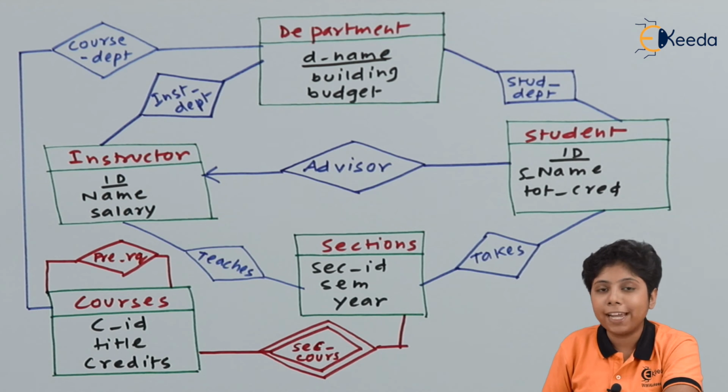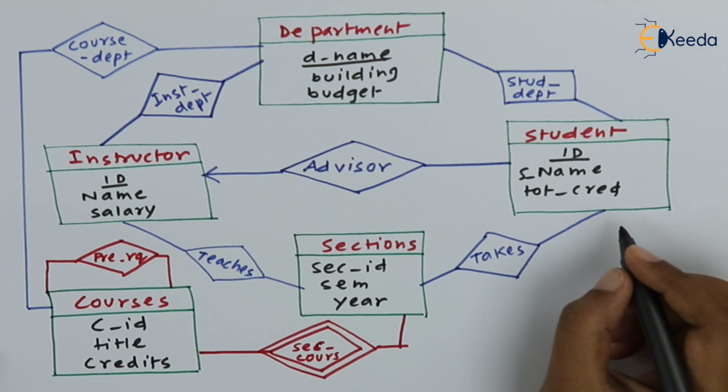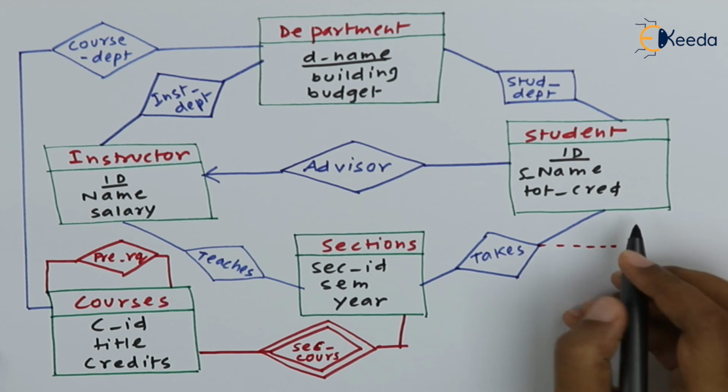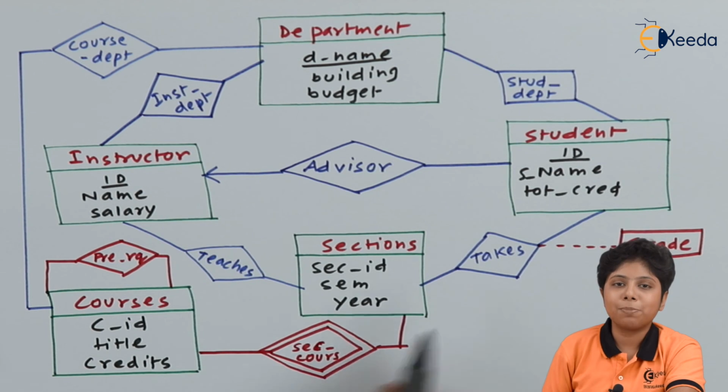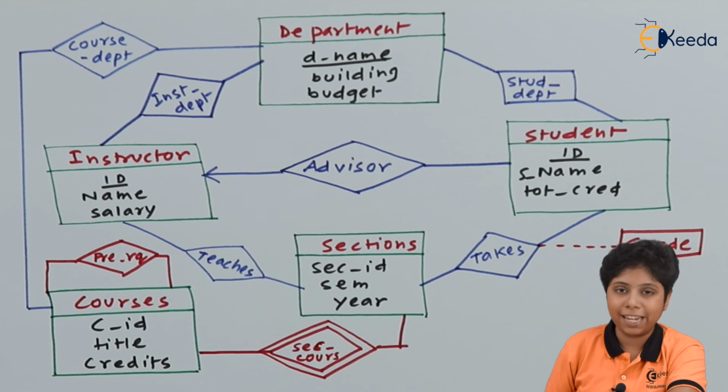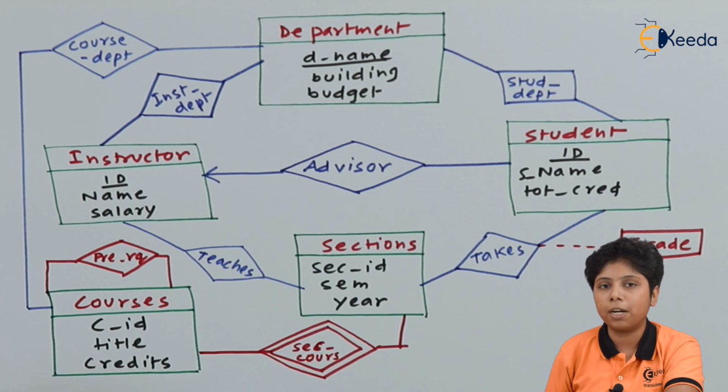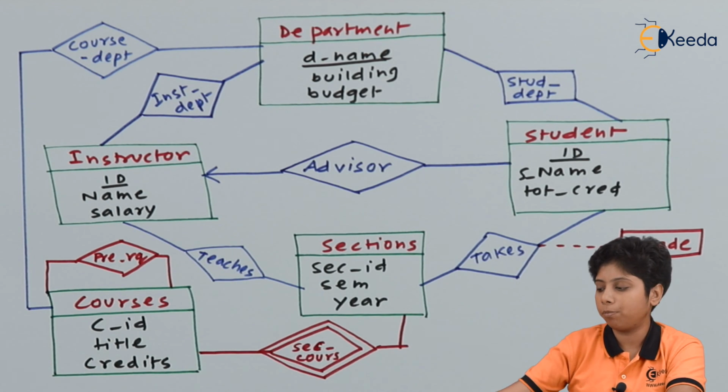Now the grade can be a derived attribute that we can have from this student. So we can add it like this, attached to the takes relationship as an extra part or as a derived attribute from the student.